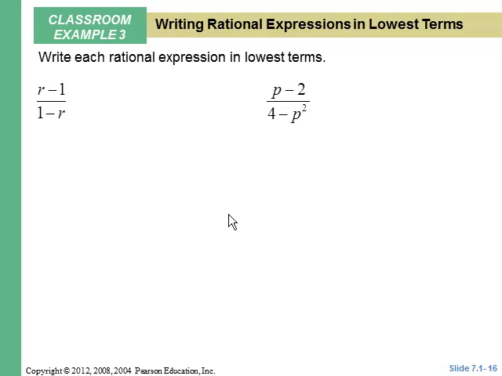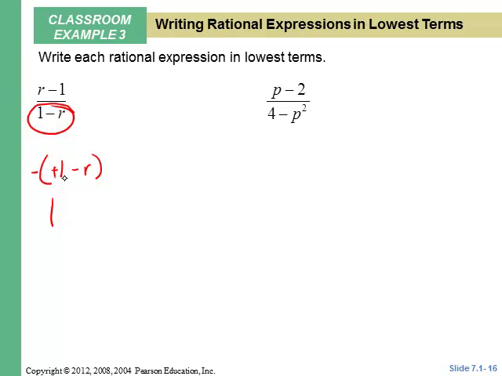Now, if you get to a situation where you need to write things in lowest terms, and the difference between them is that the denominator is switched around, we have to look at the letters first. Well, the denominator is the same as -1 times -1 minus r.